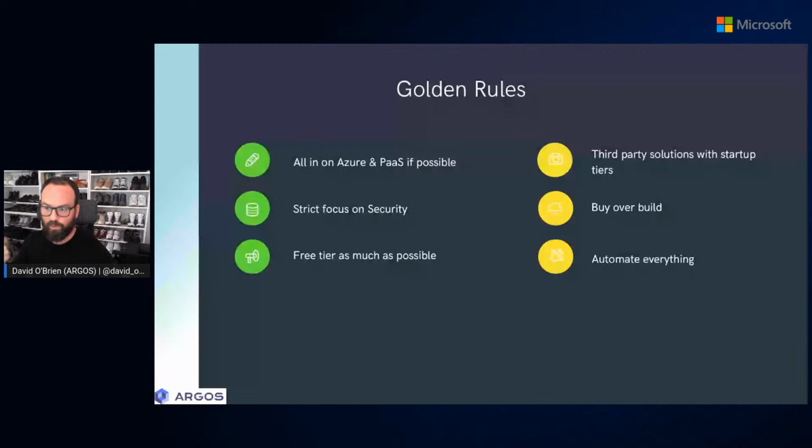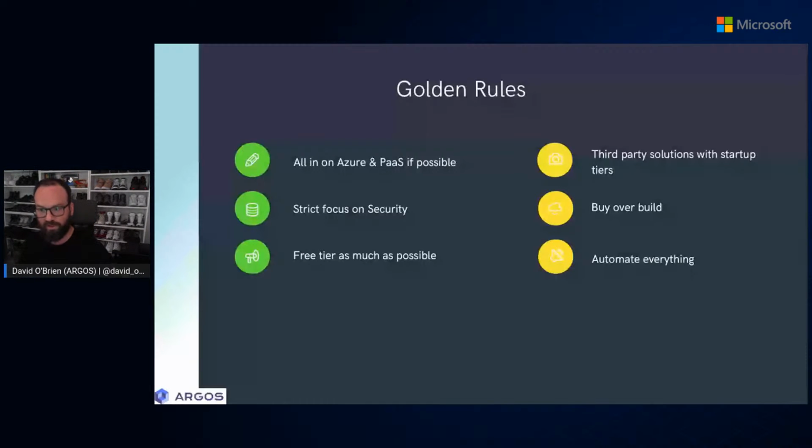Number one, we went all in on Azure. I've never believed that lock-in is a bad thing, especially when starting a startup, you need to be focused. So all in on Azure and PaaS, platform as a service, if possible.